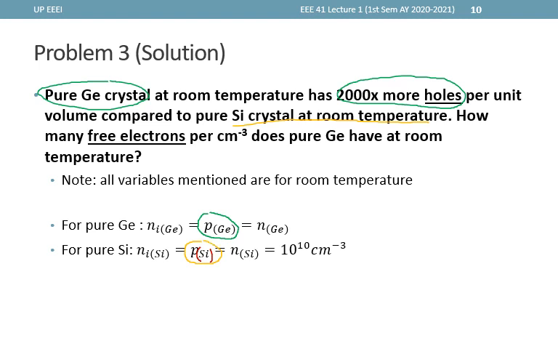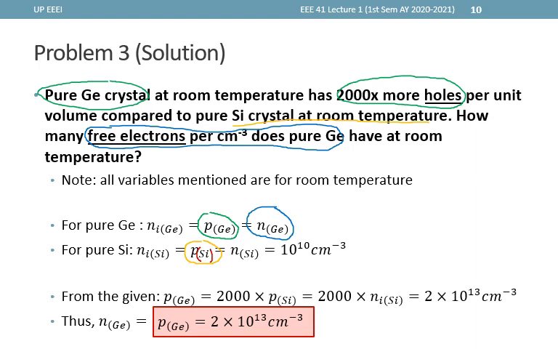And finally, we are being asked how many free electrons we have for pure germanium. And that variable is here, N of germanium. So since the N of a pure germanium is just equal to this green one, the holes of a pure germanium, then we'll just need to compute the density of holes for pure germanium.